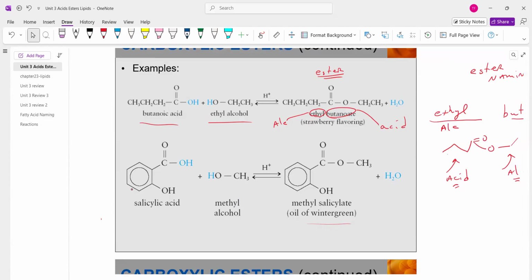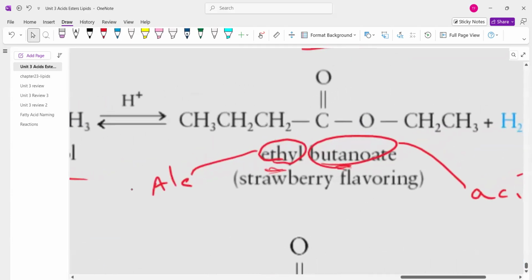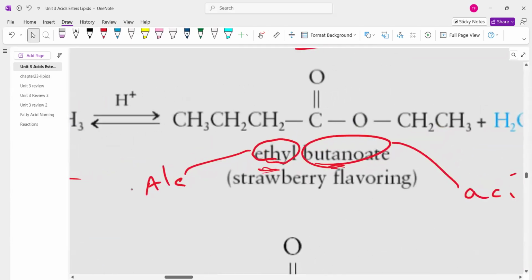Okay, let's look at this now. We haven't talked about naming yet, but remember, esters come from an alcohol and an acid. So the name is going to incorporate the alcohol and the acid. This came from an ethyl alcohol and a butanoic acid.